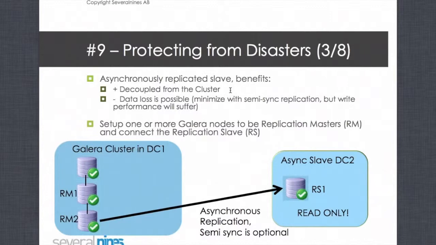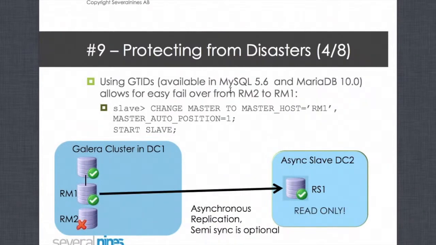Semi-sync means that when you're committing a transaction, it will be replicated and put into the relay log of the slave, and then it will be acknowledged back to the client. But we do not know if it has been applied on the database in the async slave. But we know the write has at least reached the asynchronous slave at commit time, which is quite nice, because then we know that we have the data in different regions, in different data centers, and in safe locations at least.